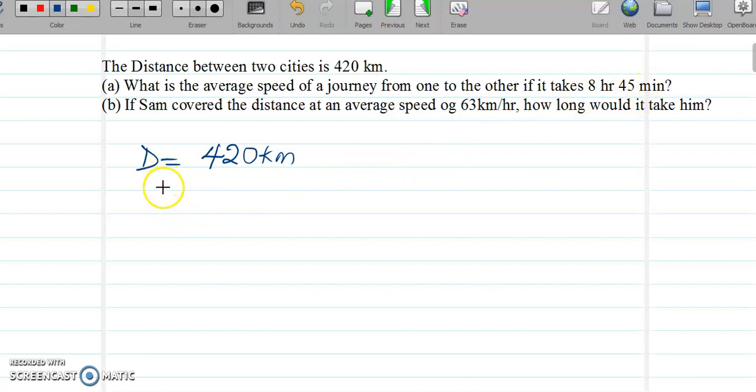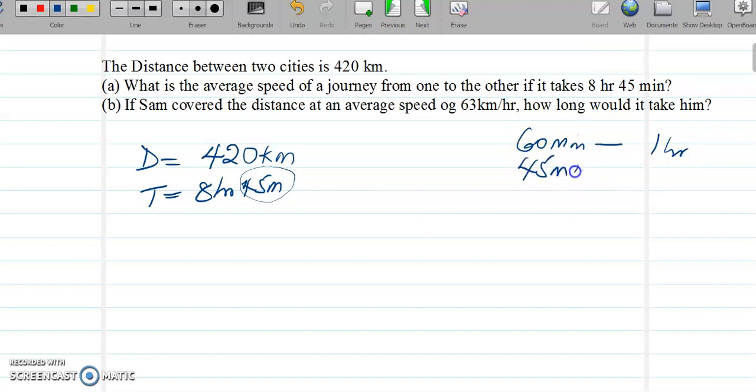Okay, the time there is 8 hours 45 minutes. So I'm going to convert this 45 minutes. Know that 60 minutes makes 1 hour. Then 45 minutes makes how many hours? Cross multiply. I have 45 divided by 60, which is 0.75.